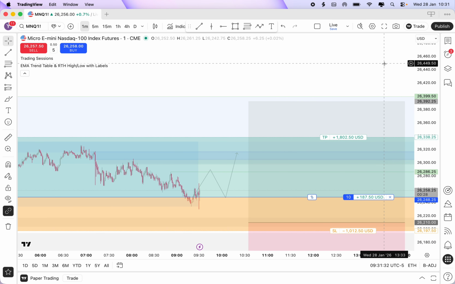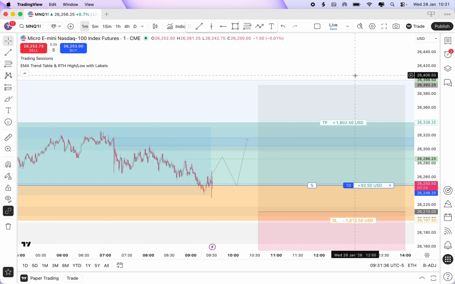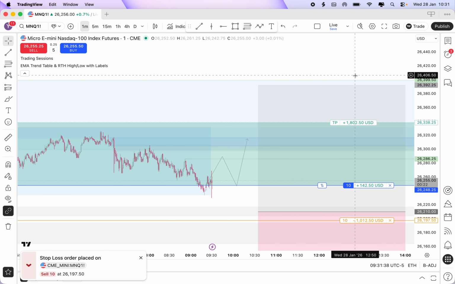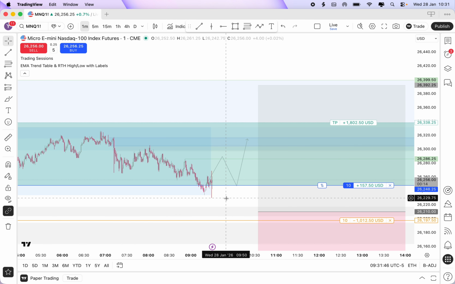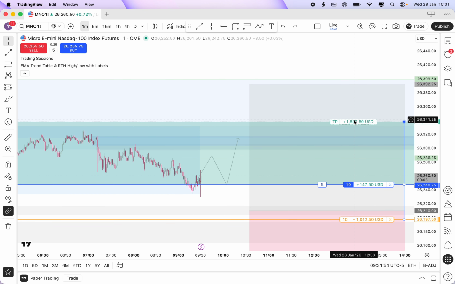Okay. So, not going to touch that now. What is this? 1,700, yes. Let's see if stop loss and take profit. Take profit is not there.